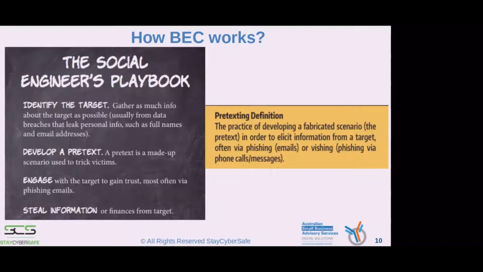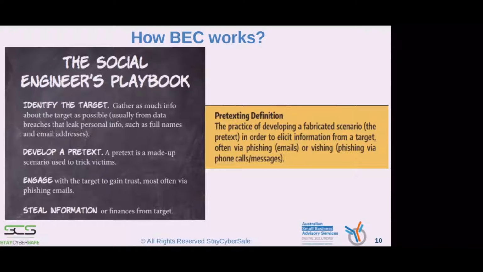After developing that pretext, they will engage with the target, usually to gain trust. Most often it's via phishing emails. They will send you a phishing email and try to trick the target into believing that they are actually trying to help them, for example, but instead they're trying to get information from them.